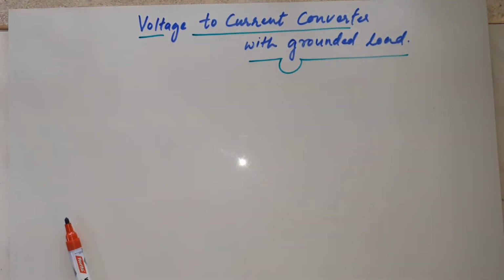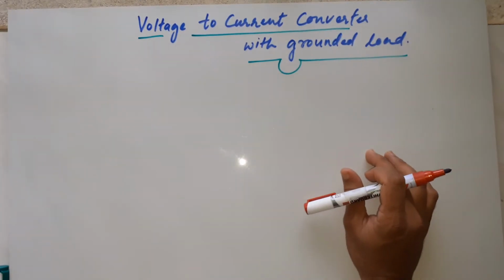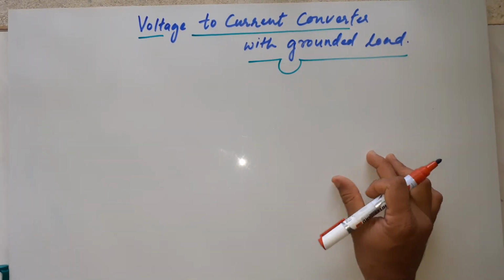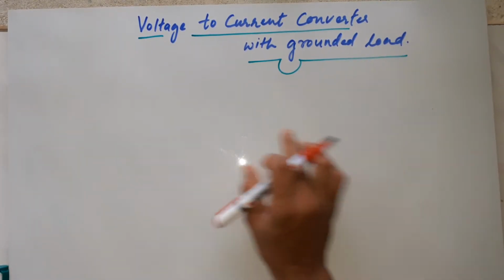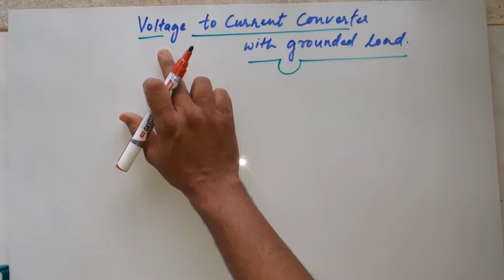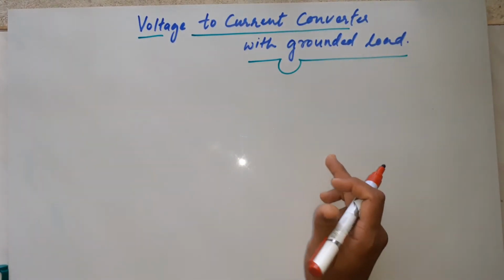Alright, so let us see how do we control or how do we convert voltage into current. Okay. Now, before going deep into this, let me tell you, we are not exactly converting the quantity voltage into quantity current.